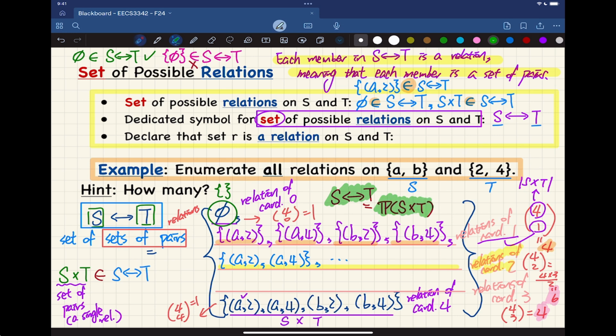It all starts from knowing what's the minimum, what's the maximum, and then from the maximum there, you're basically thinking about choosing different subsets from there, and each one of them will be a relation on its own. All right, that's something you want to think a little bit more.